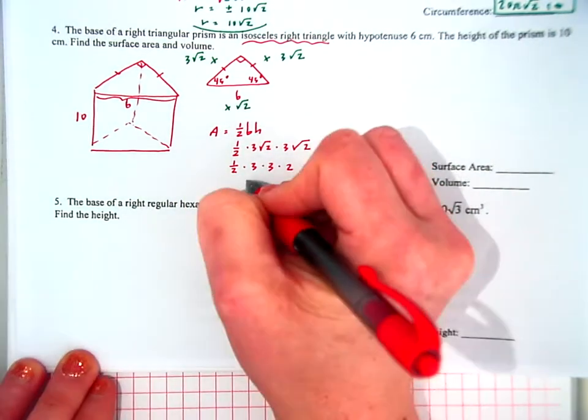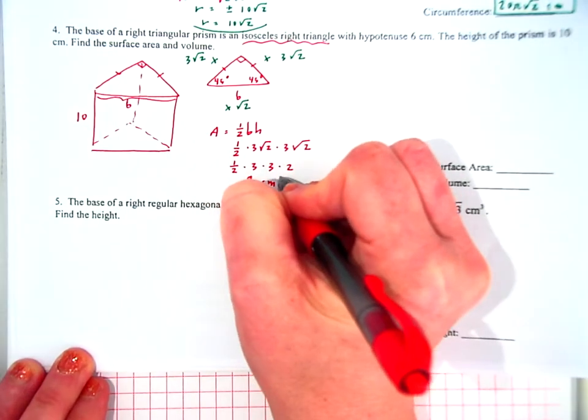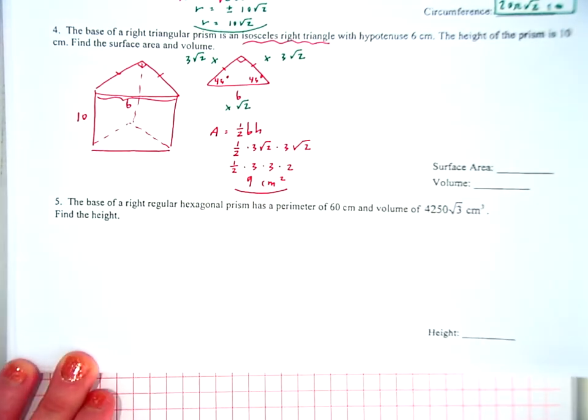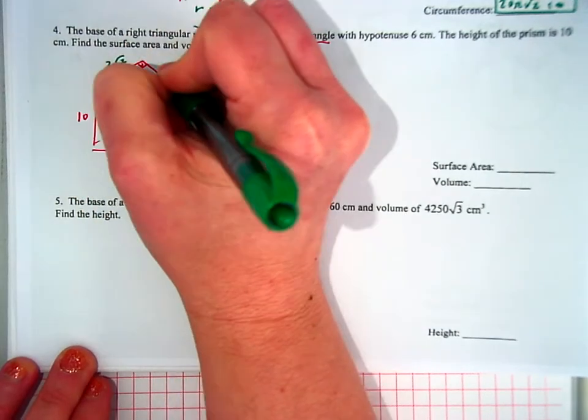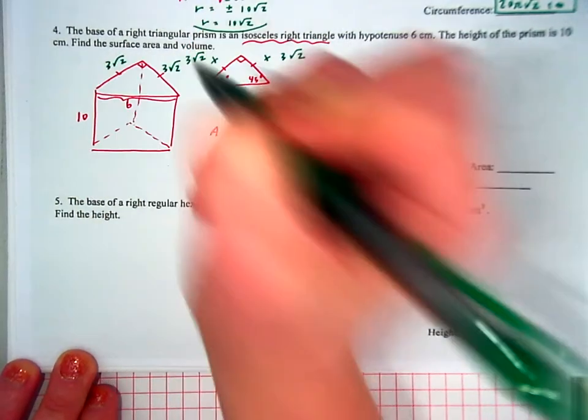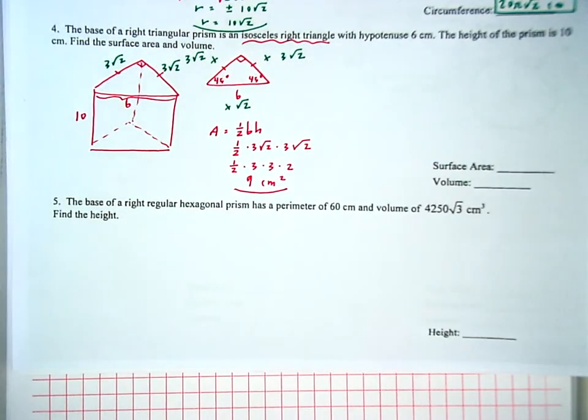So I end up with 9 centimeters squared. That is my base area. Again, I know that these 2 legs are both 3 root 2. I'll add that to my big picture. So now I'm ready to keep going and get to my surface area and my volume.